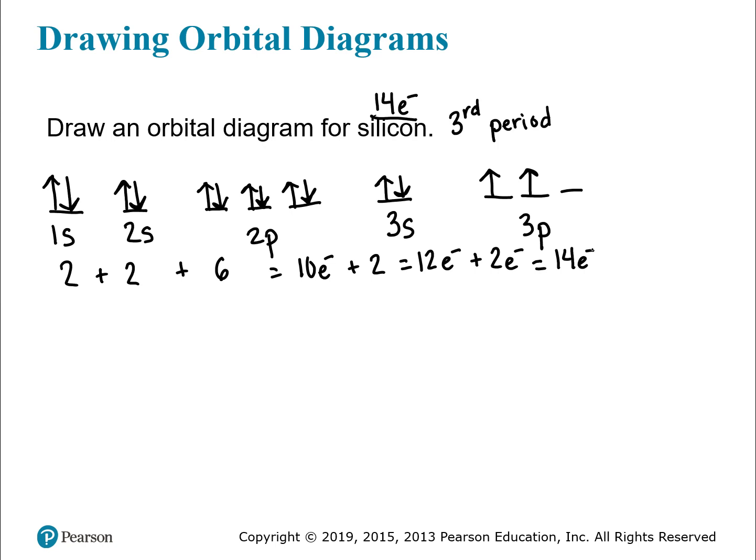So I'm going to write for you the full configuration for how you would fill these things, starting with the 1s and going all the way up through the 7th energy level.